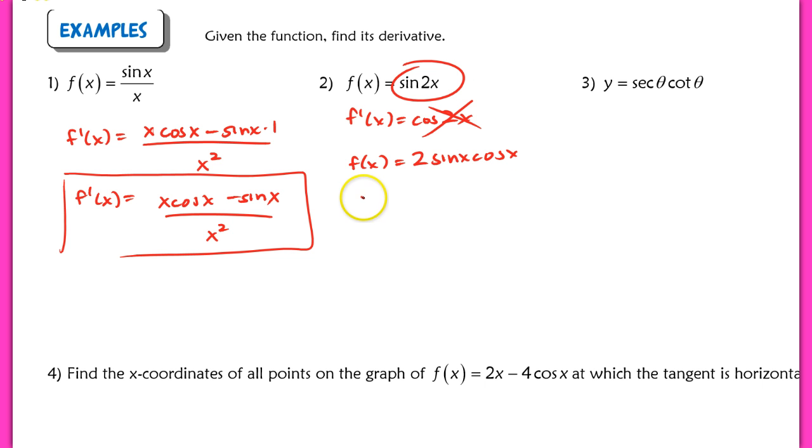Now, if we want to find the derivative of this function, we can treat this as a product and just use the product rule. So I'm going to do something kind of weird at first. I'm going to consider this its own function too, and then this a different function, okay? So just to illustrate here that we can actually pull the 2 out and then consider only the derivative of the sine of x times the cosine of x, all right? So the reason why we can kind of separate that is if we looked at this as 2 different functions, we would leave the first alone, right?